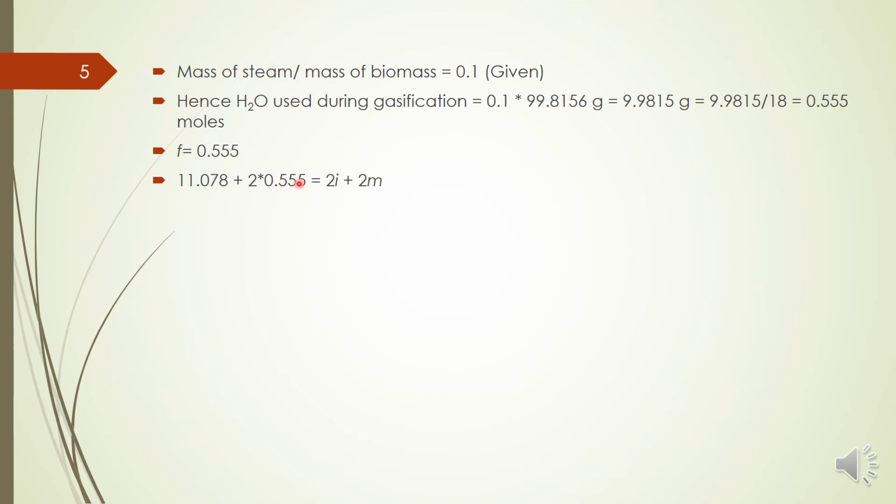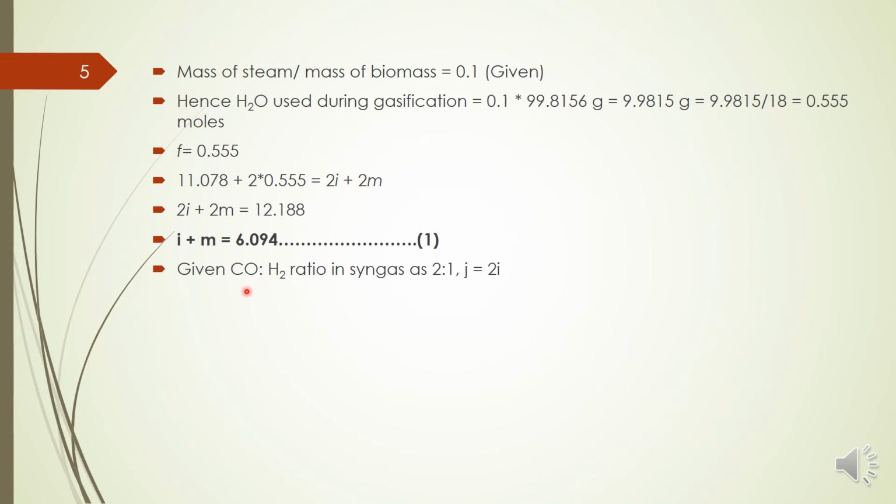In this we can substitute F here 0.555. So this equation is further reduced to this, that is 2I plus 2M is 12.188. So we have modified our equation from this F value, that means I plus M is, so this is our one equation, I plus M is 6.094.